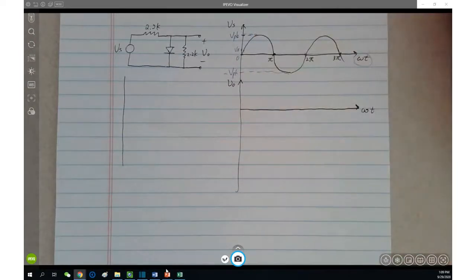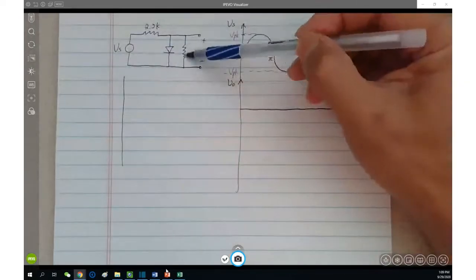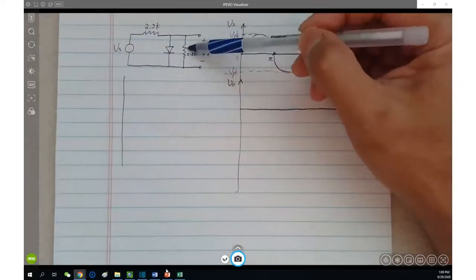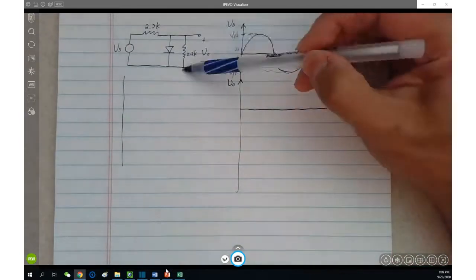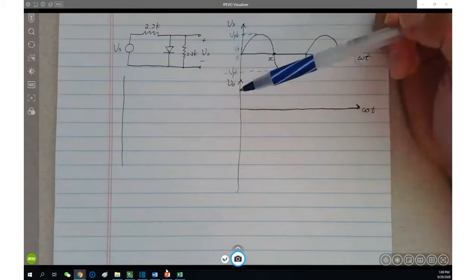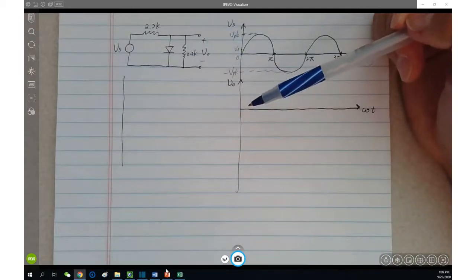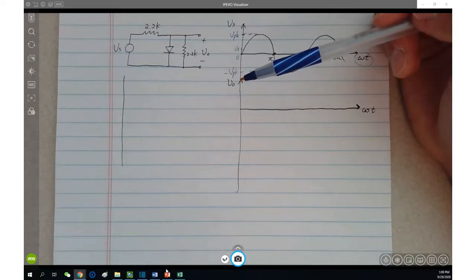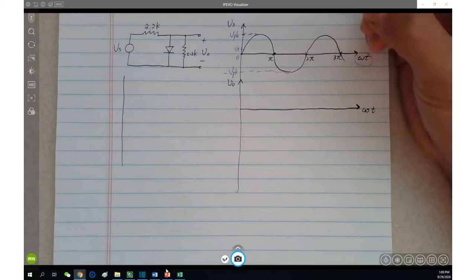No. Why? Your Vs is V gamma, then what is the voltage across this 2.2 kilo ohm? What is the voltage there? We only talk about the voltage.